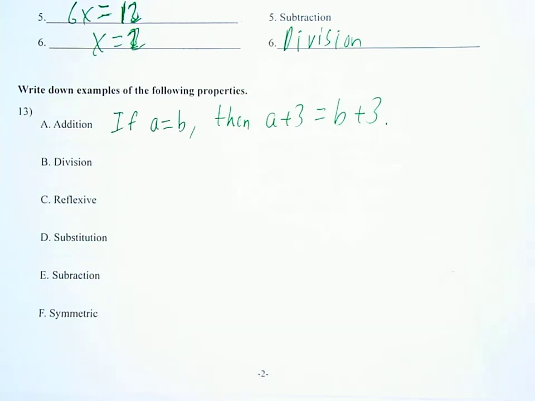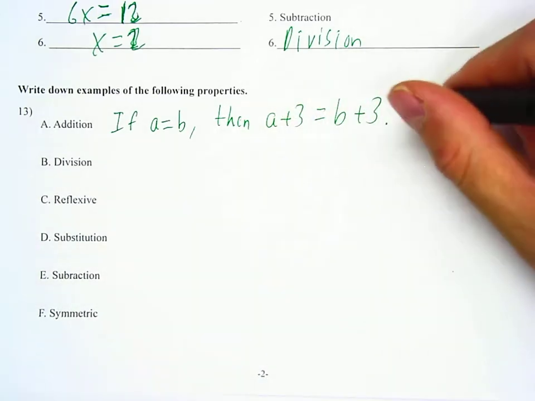So maybe instead of testing you on it like that, the question on the test is going to apply the concept. And what do I mean by the concept? Well, here would be the concept.